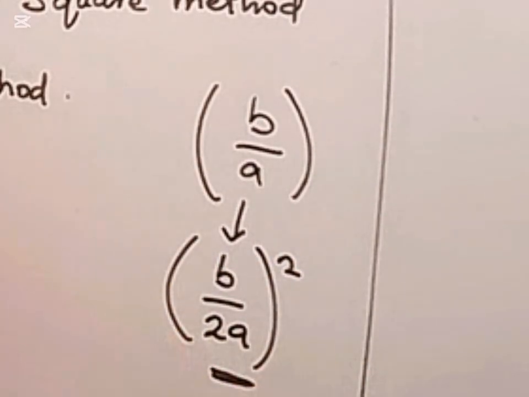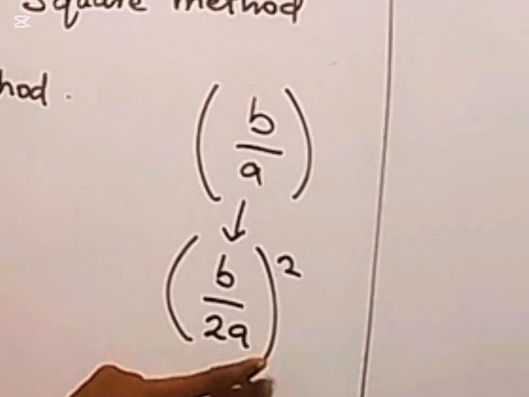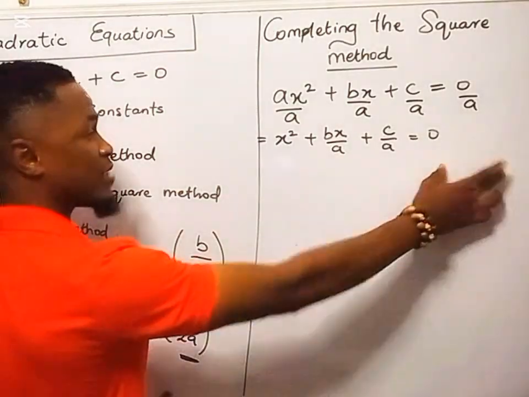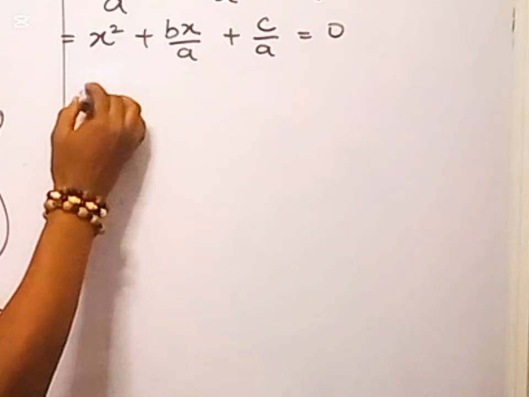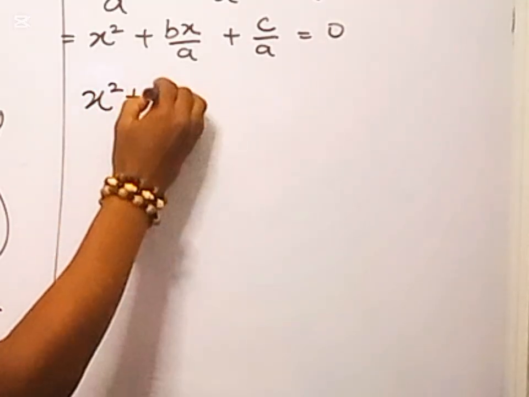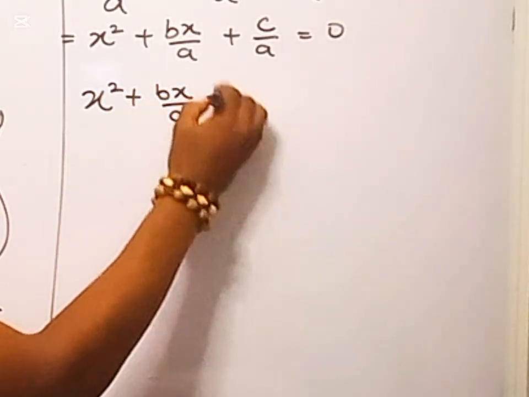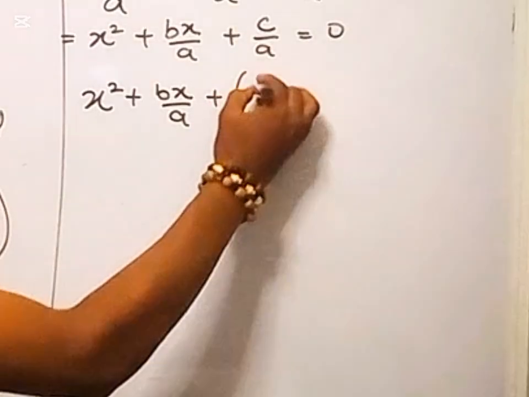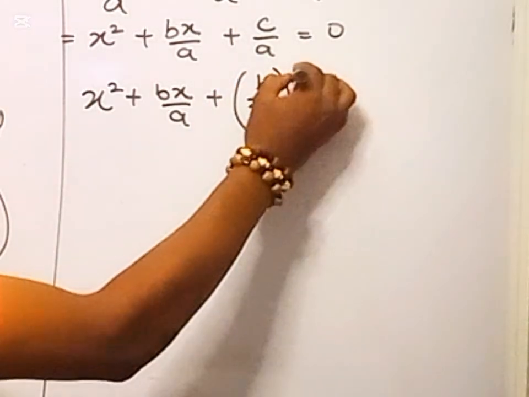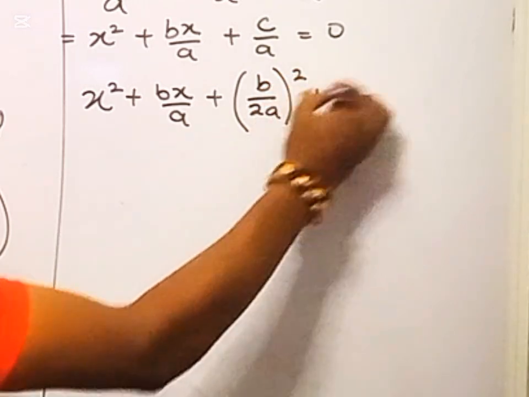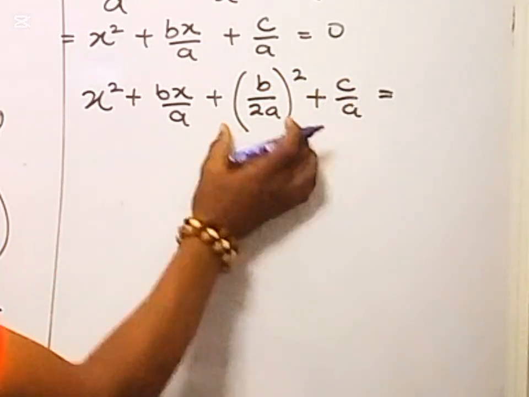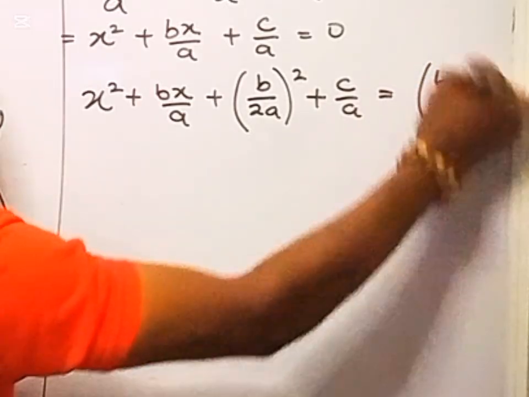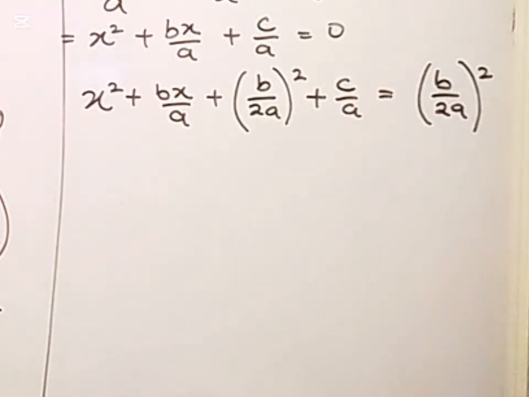Now this expression, you are going to introduce on the left hand side and the right hand side of this equation, so that you have x squared plus bx over a plus, in brackets, this factor that we are introducing, which is b over 2a all squared, plus c over a. You are also going to introduce it to the other side of the equation to balance it.